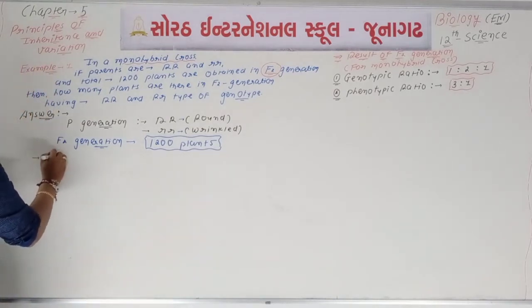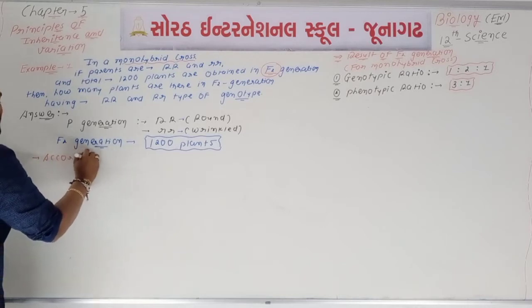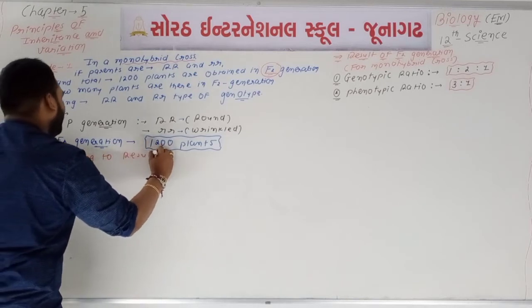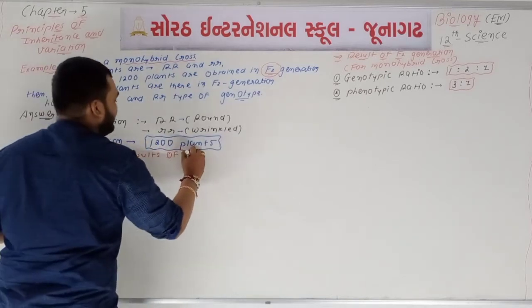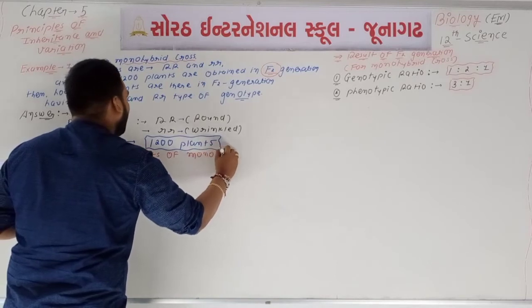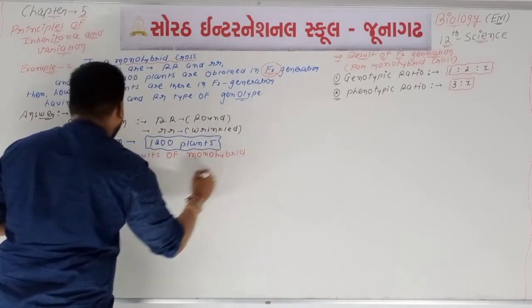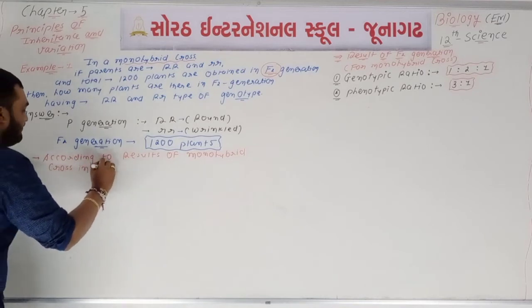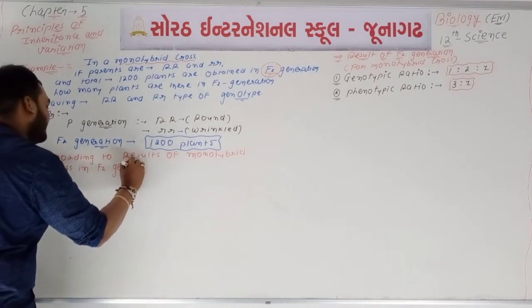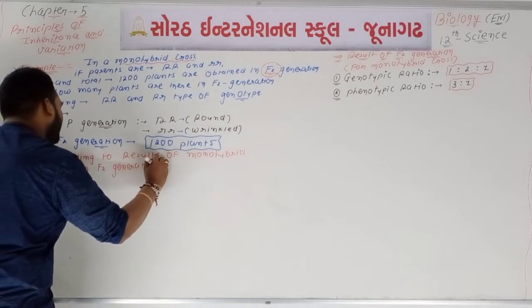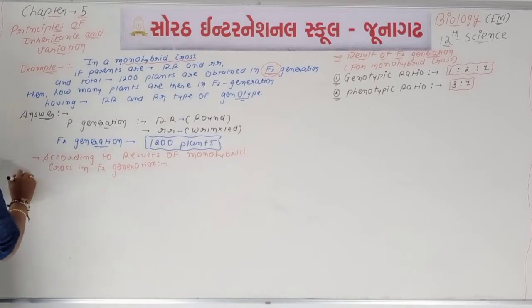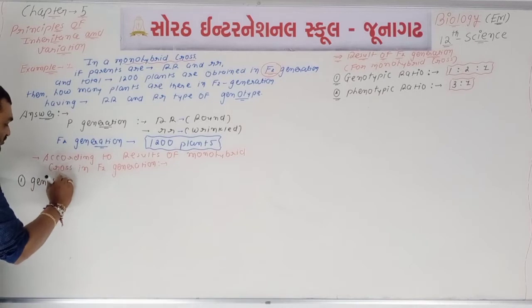According to the results of the monohybrid cross in the F2 generation, we are writing the result. First is the genotypic ratio.